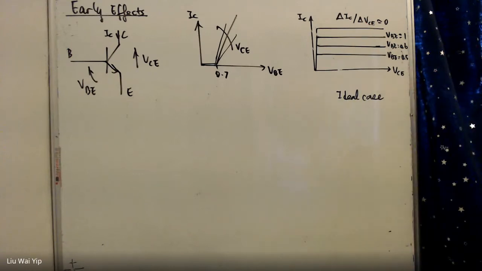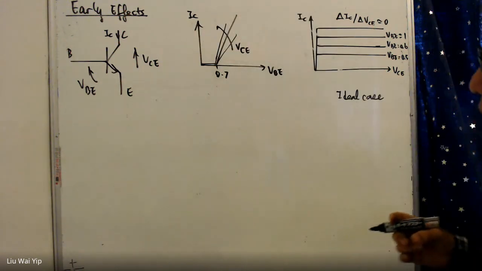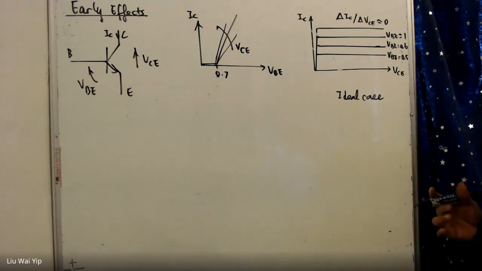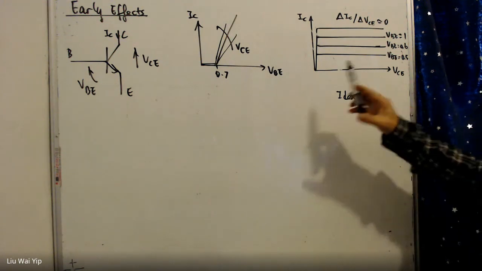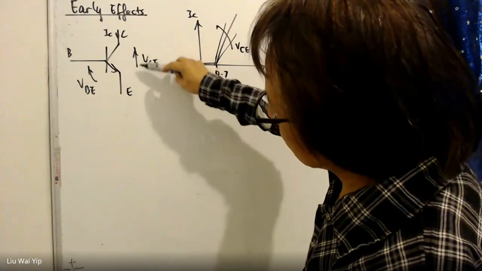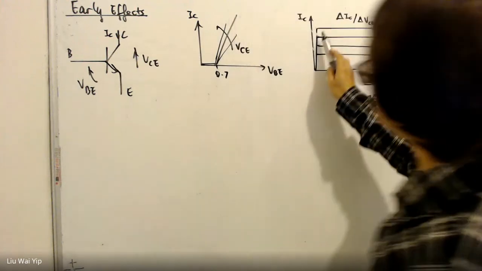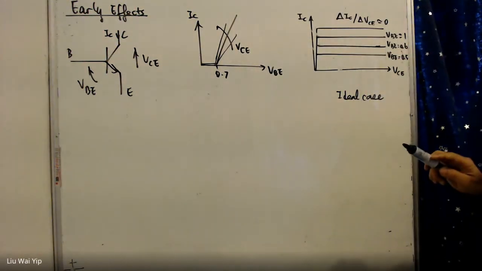And this is how they managed to further their analysis and further their discovery. The device is not just an ordinary resistor. This means no matter how you change the voltage VCE here, the current will remain the same, flat.